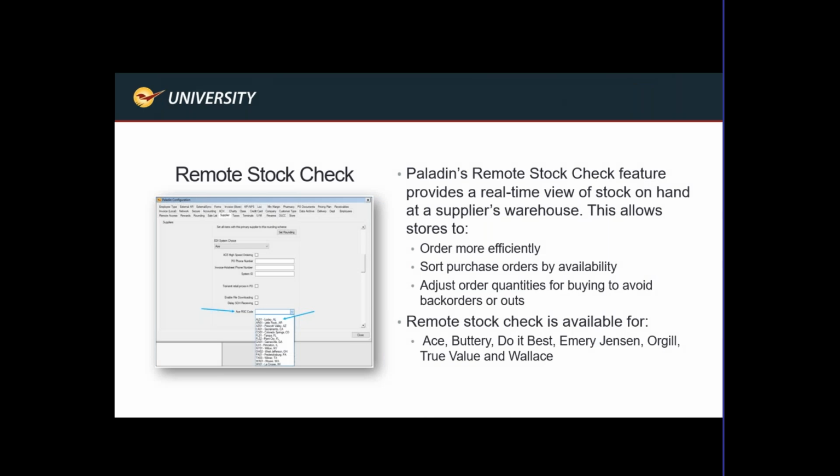The remote stock check. So Paladin's remote stock check feature provides a real-time view of stock on hand at supplier's warehouse so that you can order more efficiently, sort purchase orders by availability, and adjust order quantities.